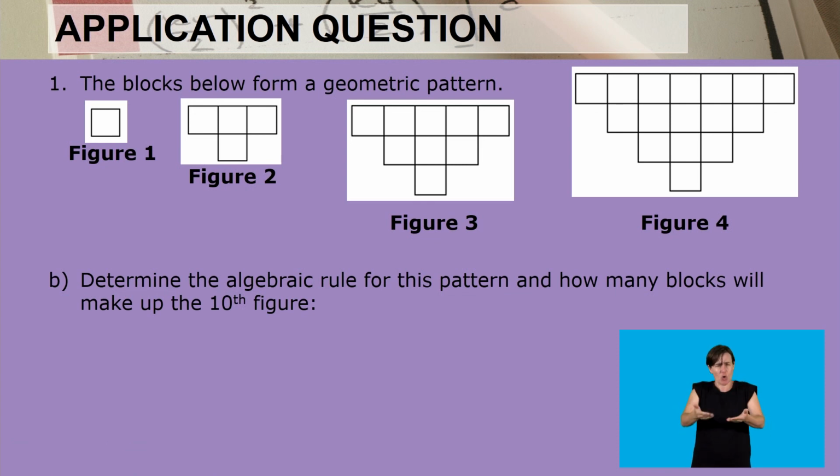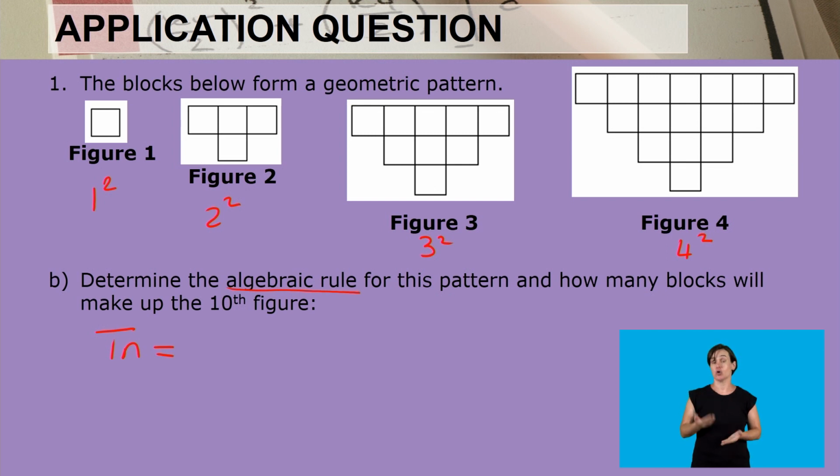Now, our question for B, we are still working with number 1. It says to determine the algebraic rule for this pattern and how many blocks will make up the 10th figure. Of course, to find the number of blocks in the 10th figure, we first need the algebraic rule. We've already seen the pattern: 1 squared, 2 squared, 3 squared, 4 squared and so forth. But now we need to represent this algebraically, meaning we need our equation or algebraic rule.